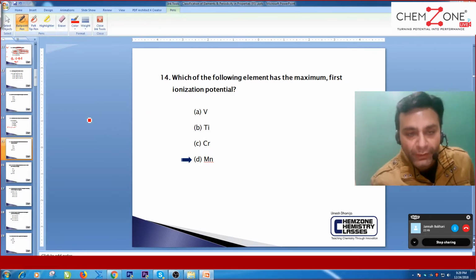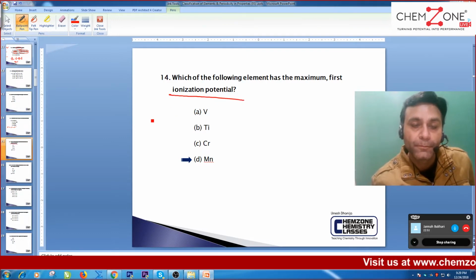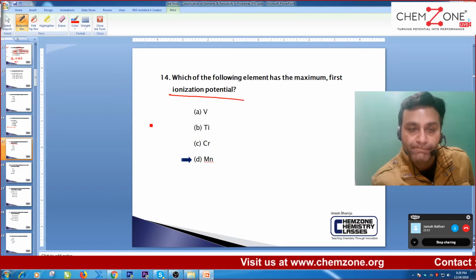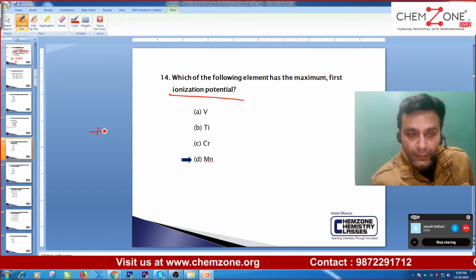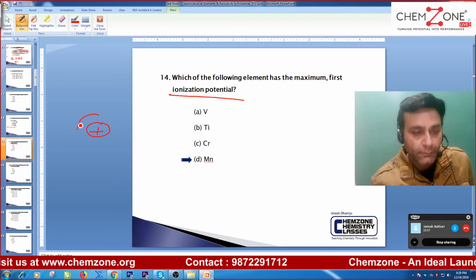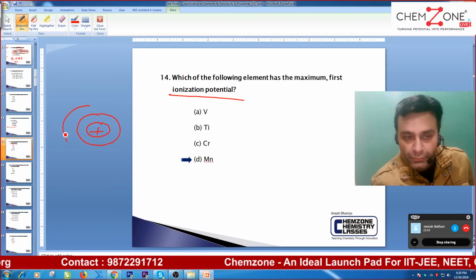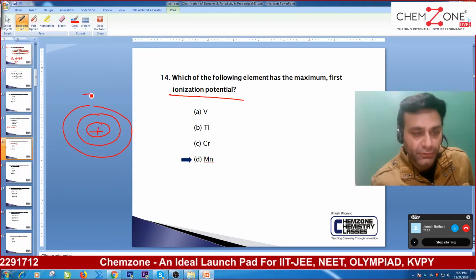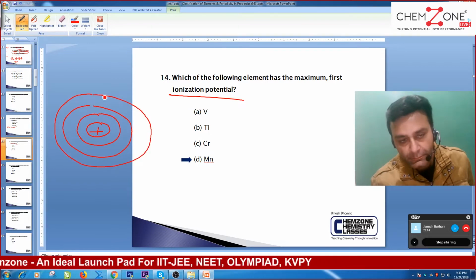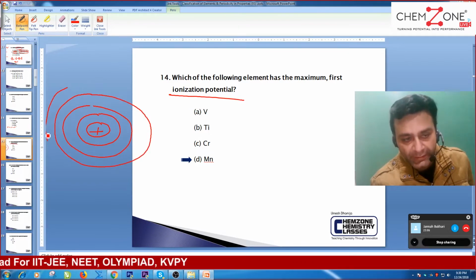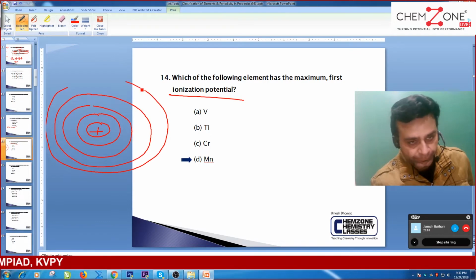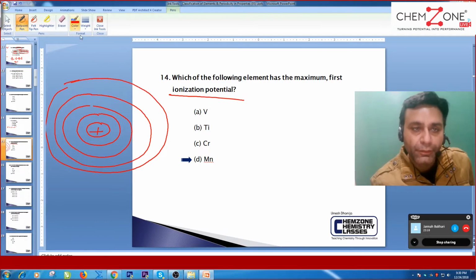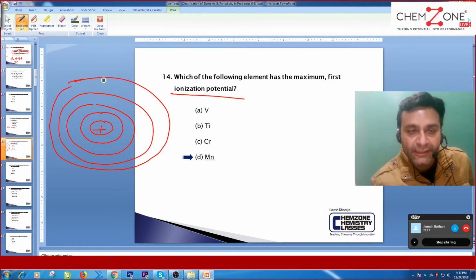Basically, what is ionization potential? That's the potential energy of how much you would have to put in to take away the electron. To take away the outermost electron, yes. It means what is the concept here? This is the electron in the outermost shell, and there's a nucleus over here.